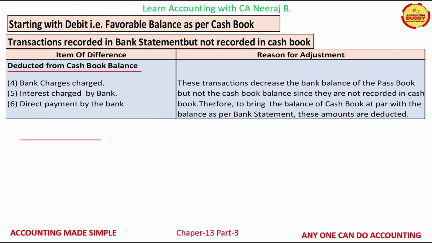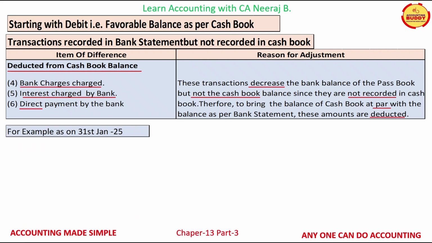They are bank charges, interest charged by the bank, and direct payments by the bank. These transactions decrease the bank balance of the passbook but not the cash book balance since they are not recorded in the cash book. Therefore, to bring the balance of the cash book at par with the balance as per bank statement, these amounts are deducted.